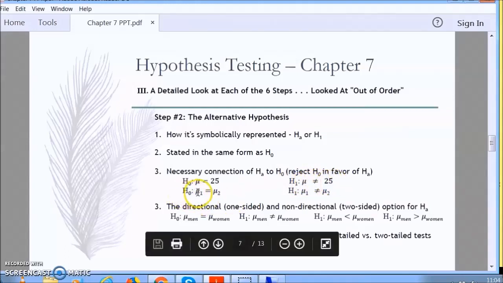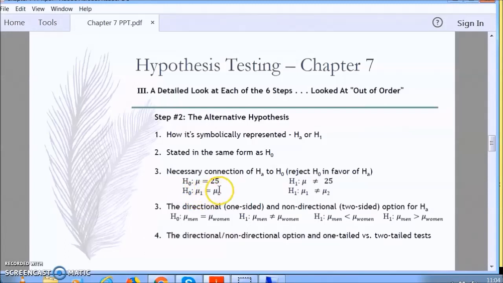Here your null hypothesis is saying that mu1 equals mu2, which means the mean of one population, let's say boys, and the mean of the second population, girls, are equal. Then your alternate hypothesis says that mu1 is not equal to mu2. So it is always stated in the same form as the null hypothesis.